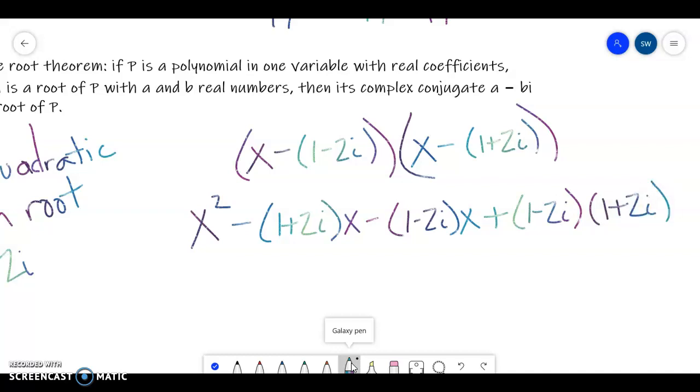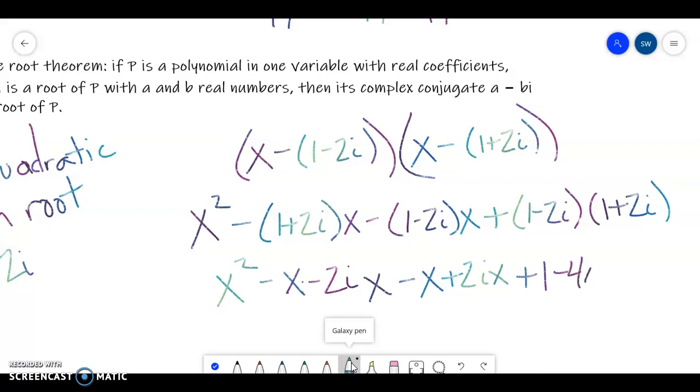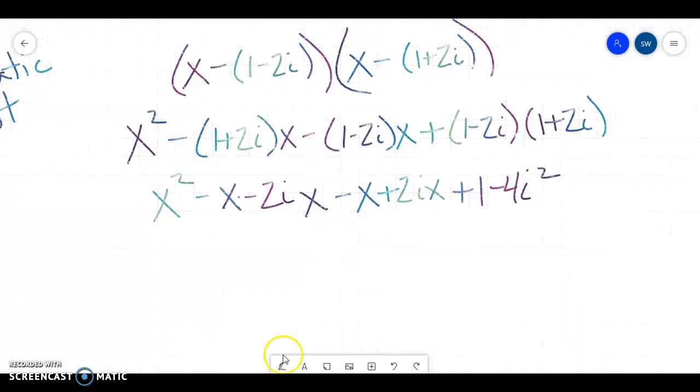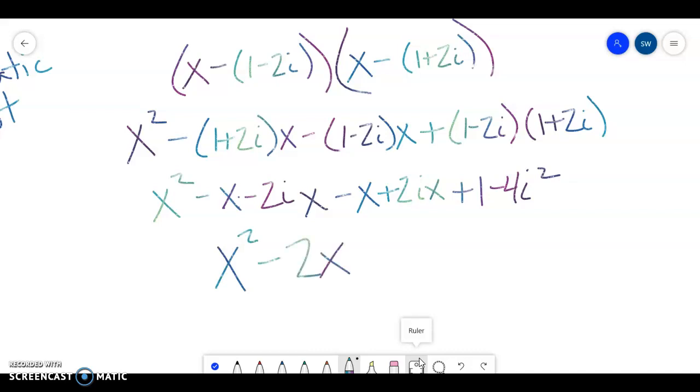Gotta hurry. So this is x squared minus x minus 2ix minus x plus 2ix. And all that's going to cancel, leaving 1 minus 4i squared. So that spits out x squared minus 2x plus 5, if you simplify that.